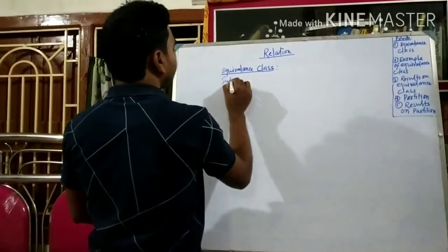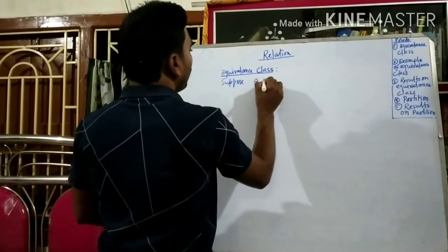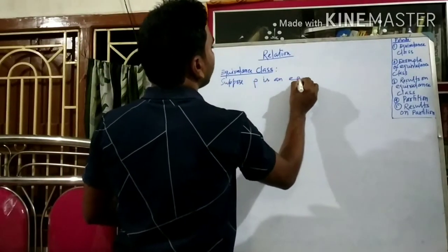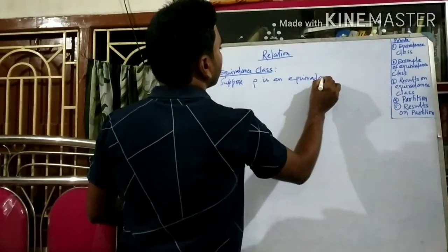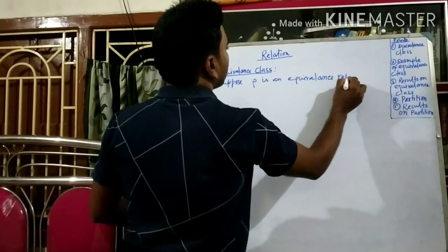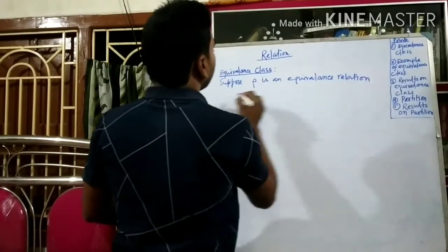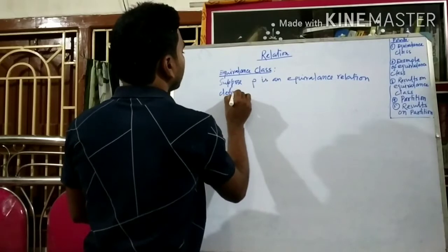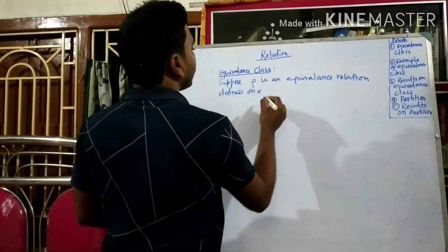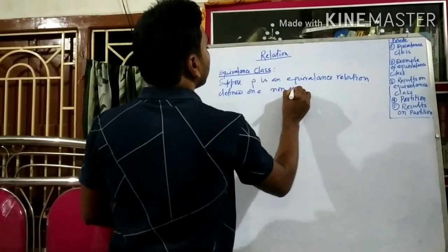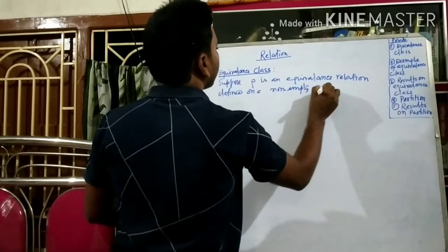Suppose rho is an equivalence relation defined on a non-empty set.